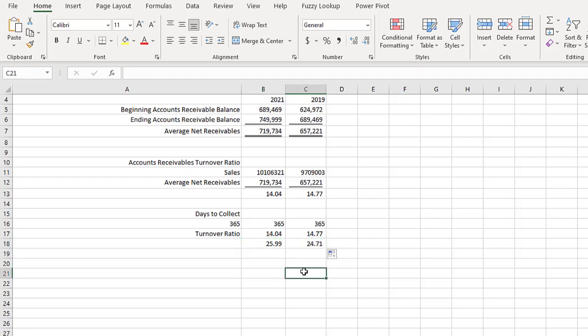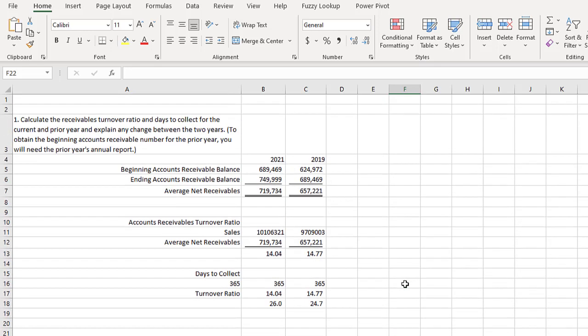So it went up about 1 day from year to year. I'm going to go ahead and just make these 1 decimal place. So 26 and 24.7. Okay.